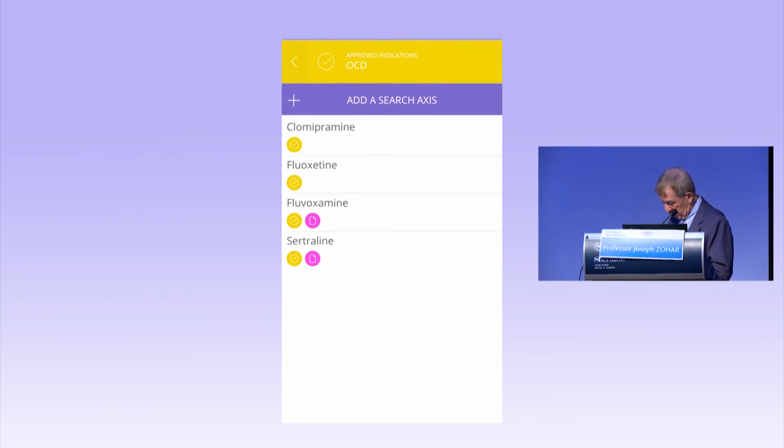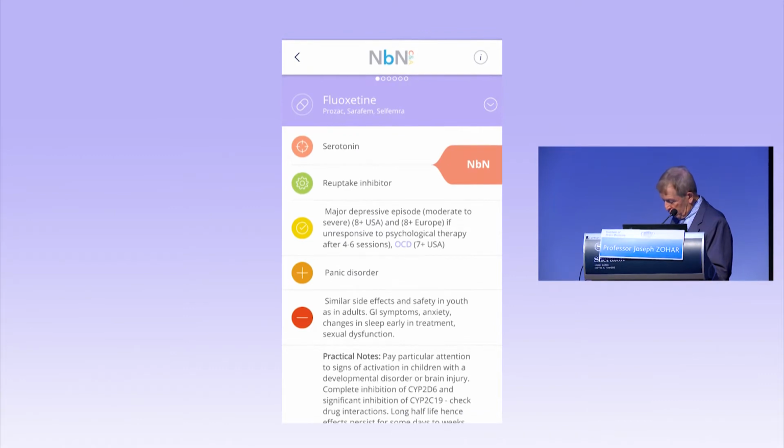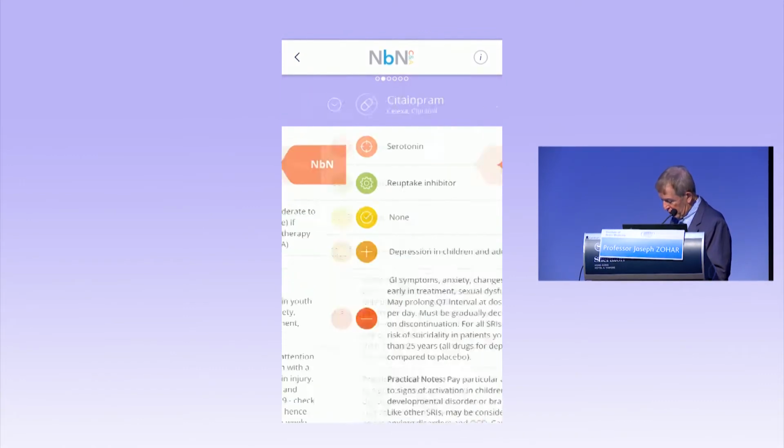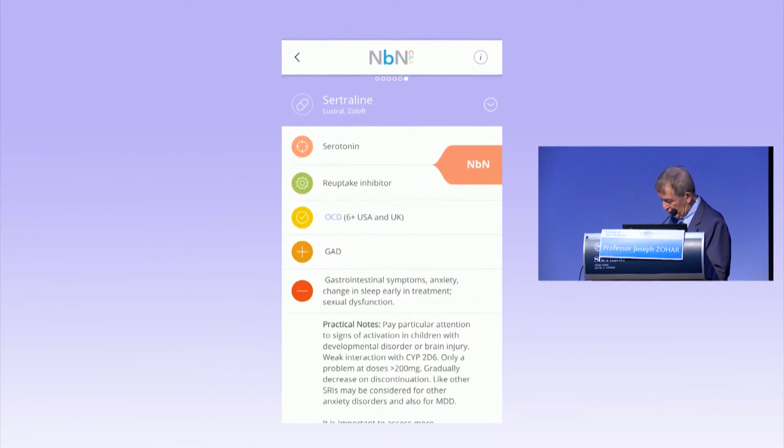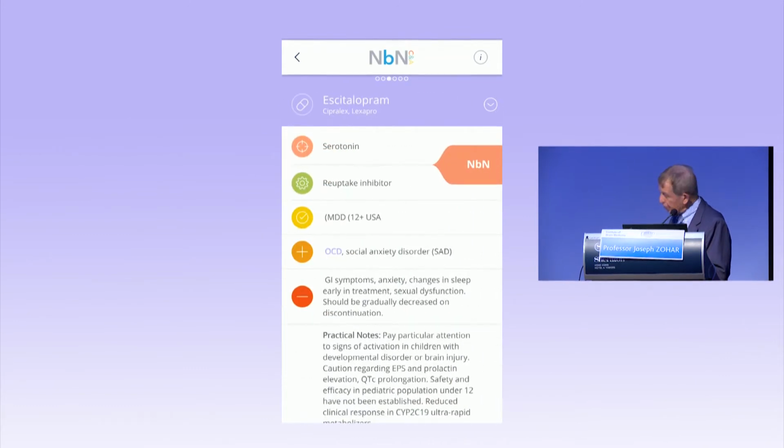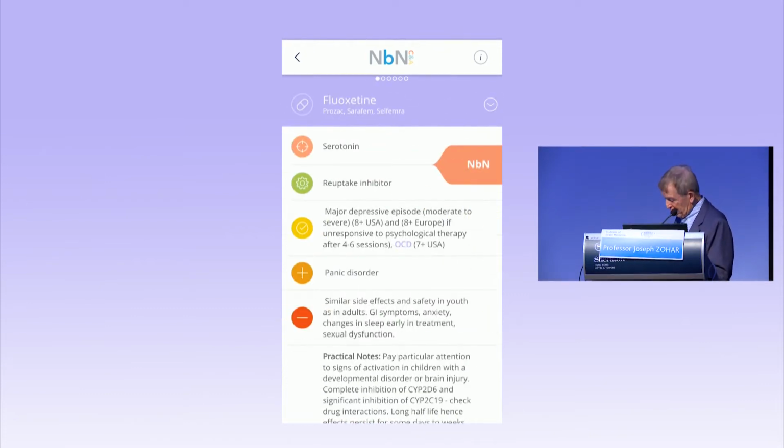Let's say you push on fluoxetine, and then you do the sweep to the left, and you see other medication that has the same pharmacology. Some of them are approved, some of them are not approved, but the approval is, as I mentioned, not necessarily related to our knowledge about this. It's related to the interest of the pharmaceutical company.